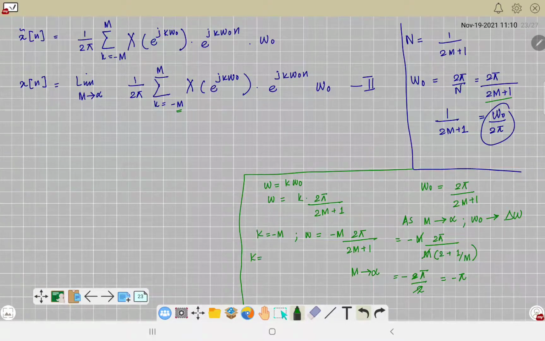Similarly, when k is equivalent to the upper limit m, and as m tends to infinity, omega will tend to pi.